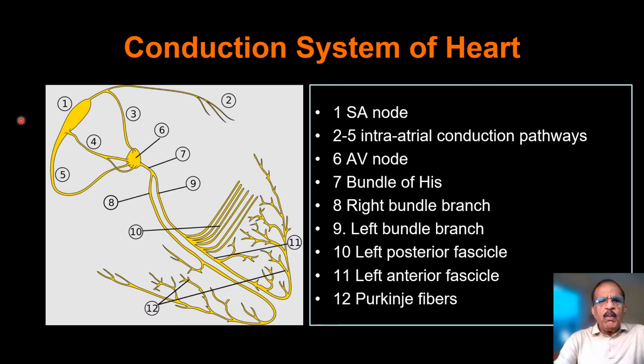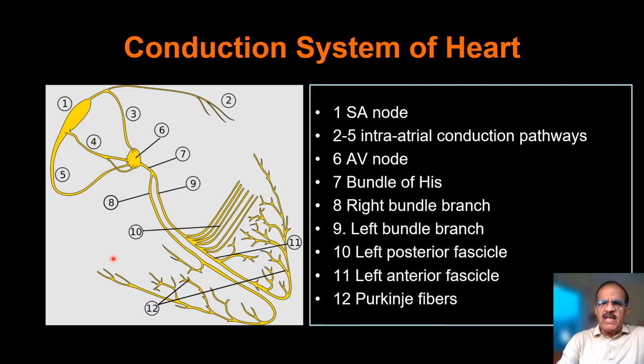Now, although both chambers have different conduction fibers, actually current can go from one chamber to the other one. This is nature's blessing. Left ventricle is depolarized by the left branch and the right ventricle is depolarized by the right branch. But in case there is block in the right bundle, for example, current will first depolarize left ventricle and then the same current will go to the right side and will depolarize the right ventricle also.